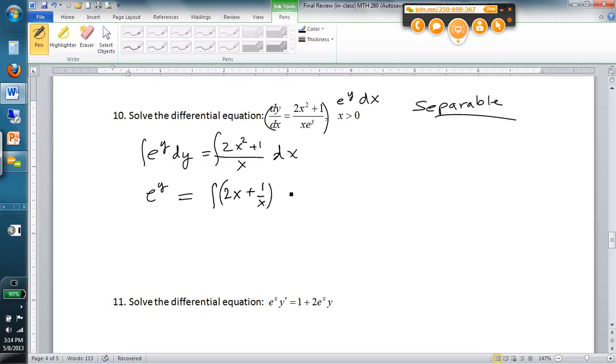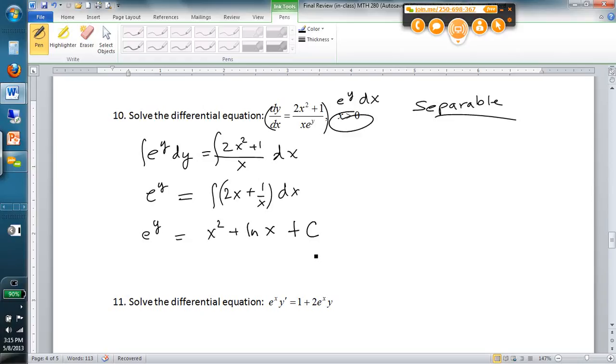And those are just two simple antiderivatives, so we have e to the y equals x squared, because the 2's cancel, and then what's the antiderivative of 1 over x? ln. And sometimes it's ln of absolute value of x, but I don't need the absolute value here. Why? Because I've got x greater than 0. So I don't have the absolute value case here.